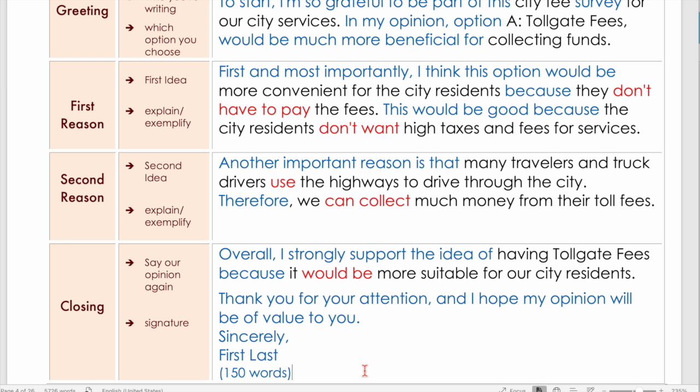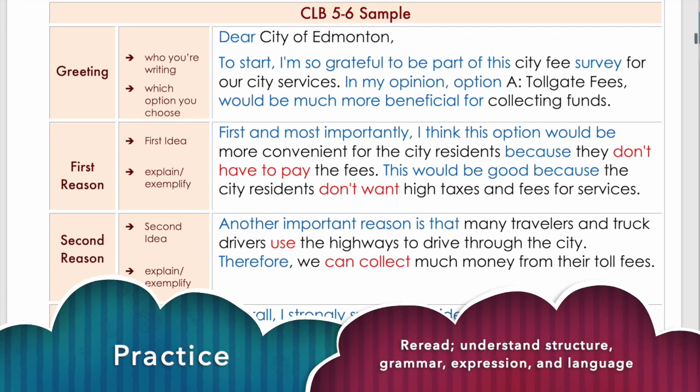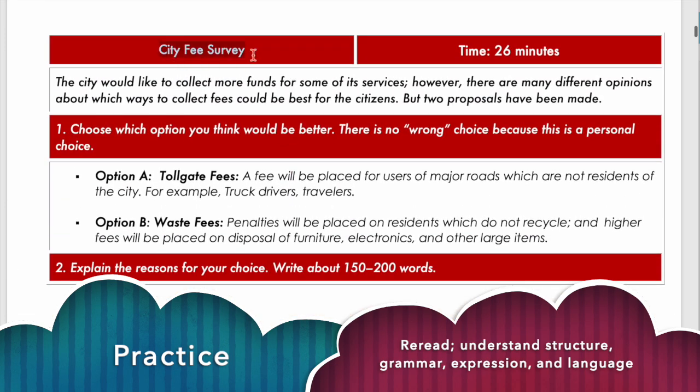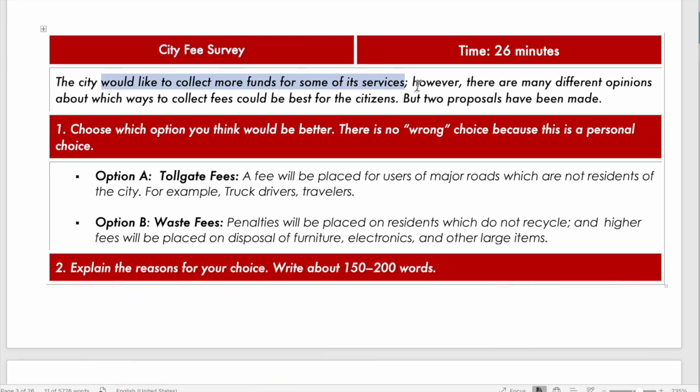So then everyone, to practice, what do we want to do? Well, to practice, we need to read it. Let's read it sentence by sentence. Let's remember, this was a city fee survey. The city wants to collect more funds for its services, but they're not sure which option is better. This option A, tollgate fees.